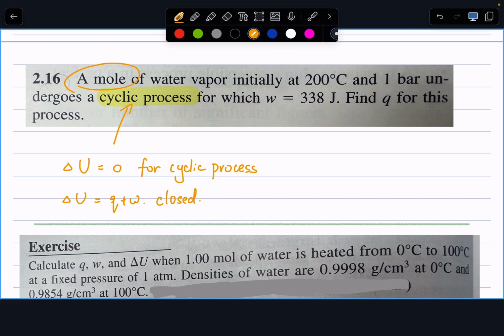In this case, we're specified 1 mole of water vapor. It didn't tell us we have chemical reactions or material transfer taking place. It's pretty much assuming a closed system. And in this case, our Q just equals negative W, which is negative 338 joules. Just using the first law of thermodynamics, nothing fancy.